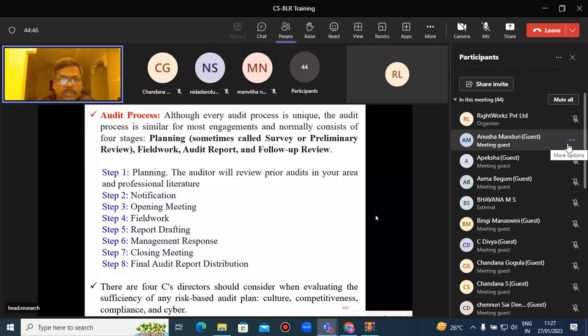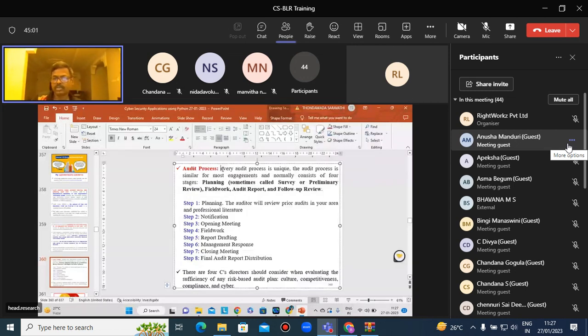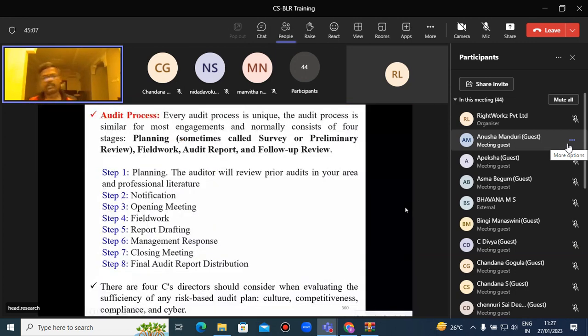Every audit process is unique, meaning it is unique for all organizations.